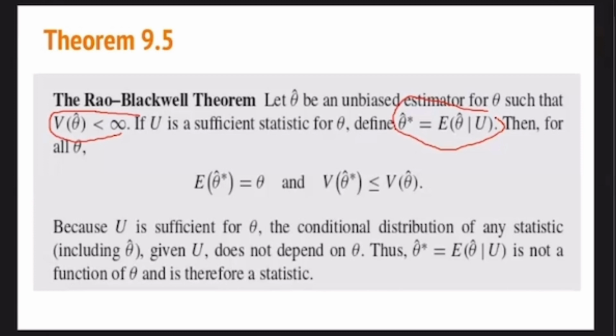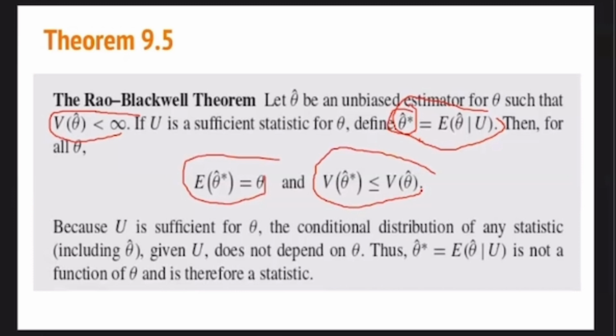That is why we say theta cap star equals the expected value of theta cap given U. If we show that this is unbiased, by showing the expectation of the expectation is theta, we realize that the variance of that function of the sufficient statistic is less than or equal to the variance of the estimator. This is the Rao-Blackwell theorem.